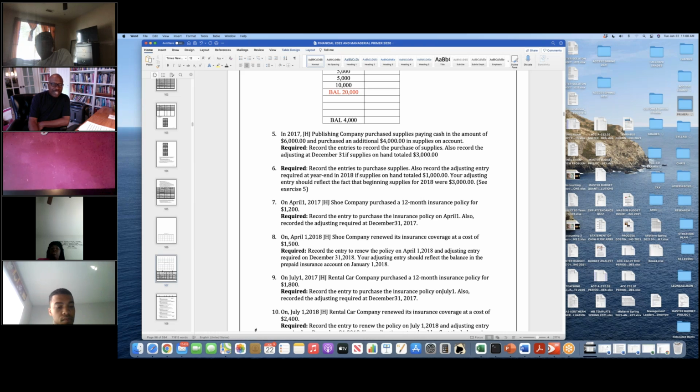So we're going to work 7 and 8. Are y'all's numbers the same for these? If not, just look at these. So let's just look at 7 and 8.